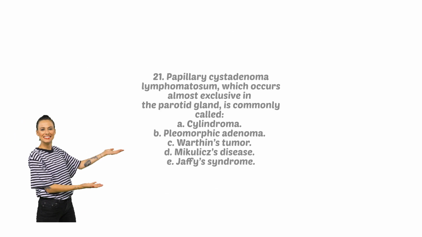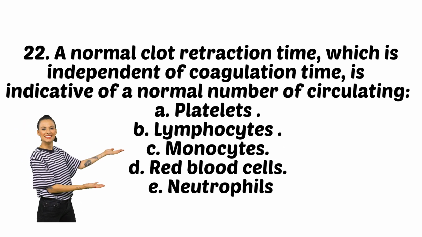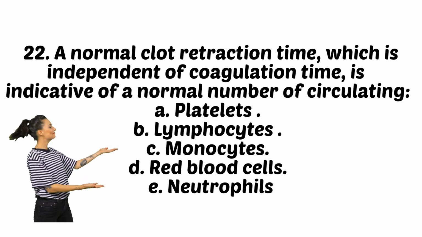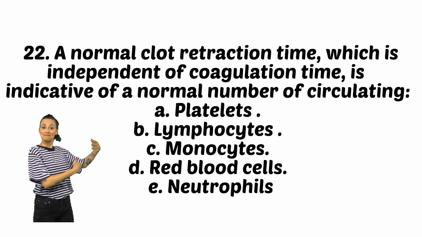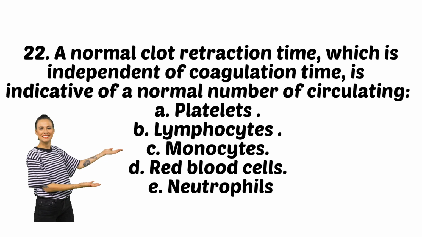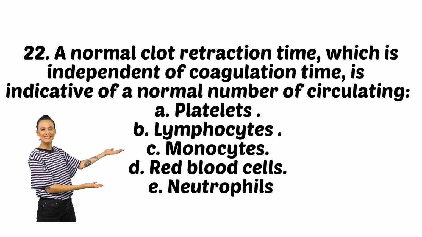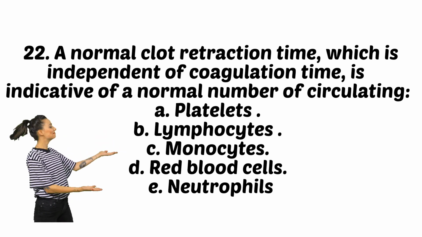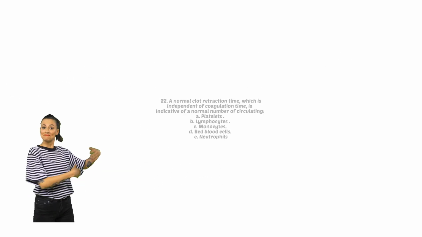Warthin's tumor. 22. A normal clot retraction time, which is independent of coagulation time, is indicative of a normal number of circulating: A. platelets, B. lymphocytes, C. monocytes, D. red blood cells, E. neutrophils. Option A is correct. Platelets. 23.